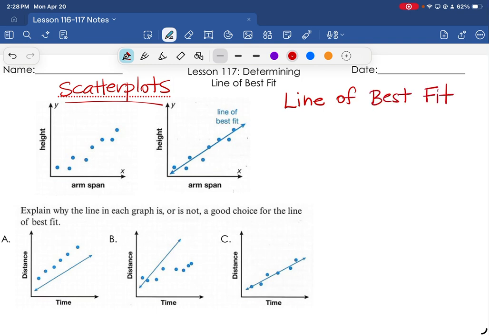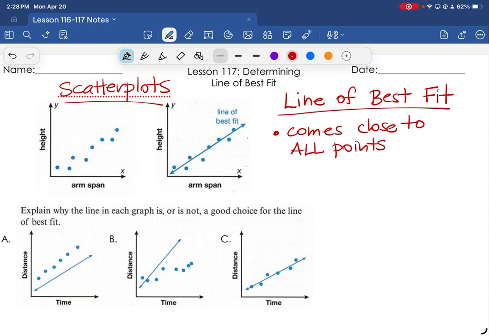I normally have fill in the blanks for you, but it must have fallen off somehow. For the line of best fit, there's two things I want you to keep in mind. It comes close to all points in the data set. So that's bullet point number 1.